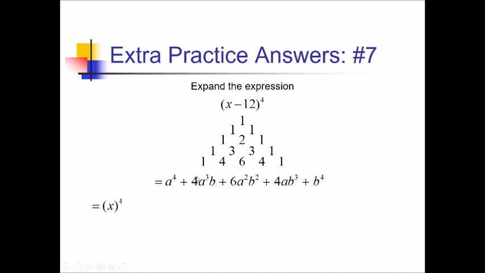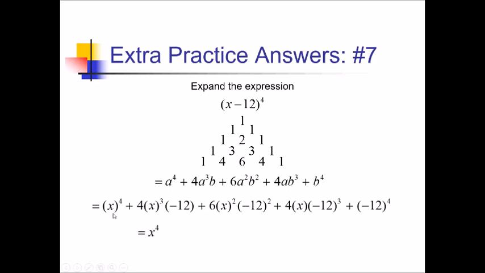The next term is 4x cubed times negative 12. Then we have 6x squared times negative 12 squared, followed by 4x times negative 12 cubed, and finally we have negative 12 to the fourth being added at the end there. All right, so we've got x to the fourth, and let's see here, 4 times negative 12, that's negative 48 with an x cubed.